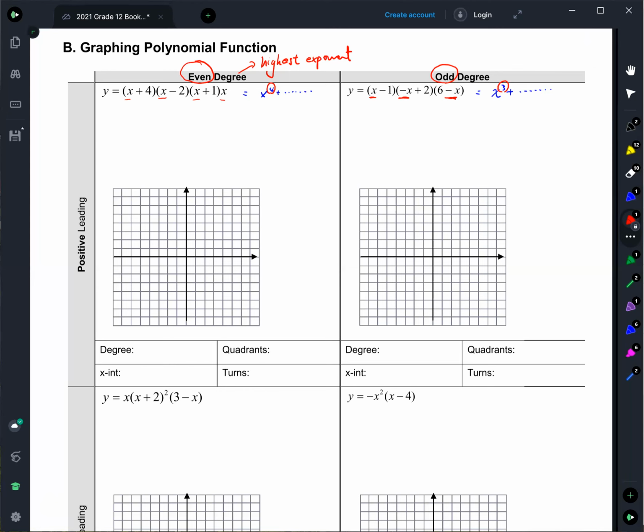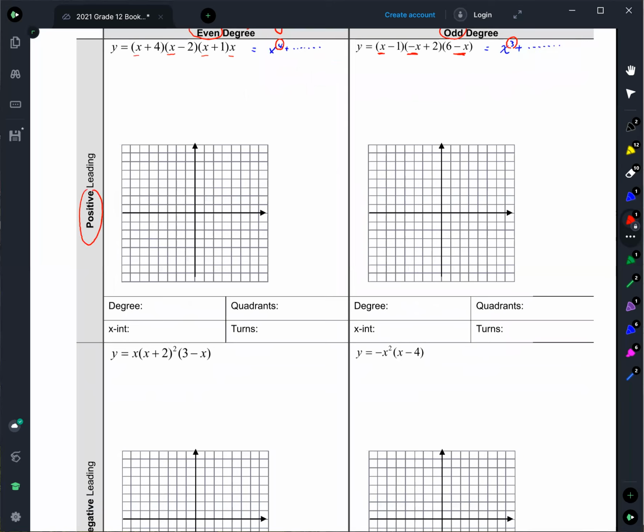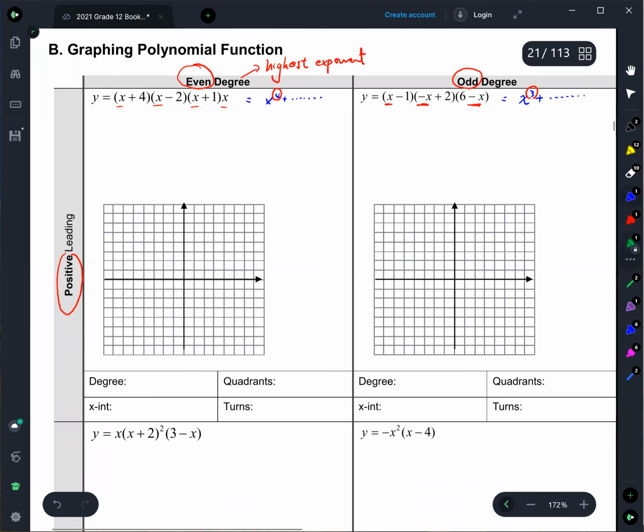Now you look at the left side. Positive leading, okay? Positive leading is talking about the leading coefficient. So after you multiply everything out, right, here you have x to the 4th, and the coefficient is 1. The positive is referring to this number, okay?